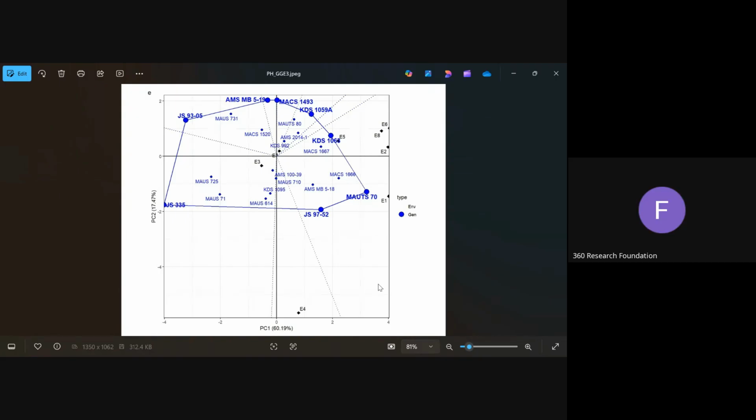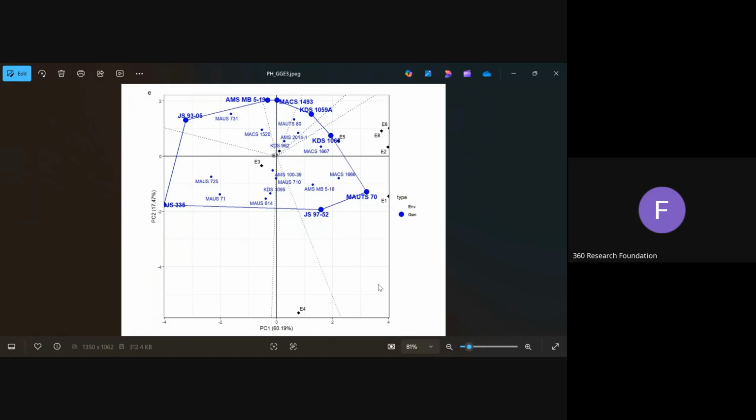Secondly, forget the environments, E3, E7, for 5 minutes. Just concentrate on the genotypes. Whatever genotypes are present inside the polygon are relatively more stable.